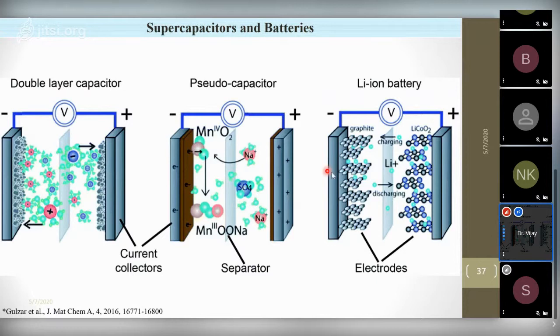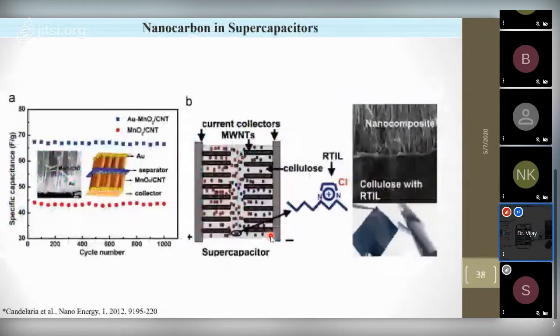Here it's ionic movement. That's the difference, and the function is more or less similar. This is one possibility of using multi-wall carbon nanotubes in a stacking arrangement with, for example, gold nanoparticles attached here in the MnO2.